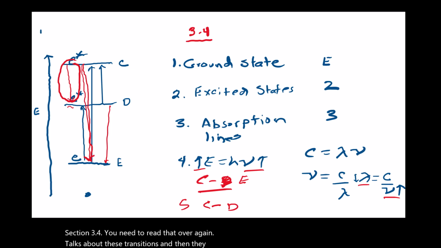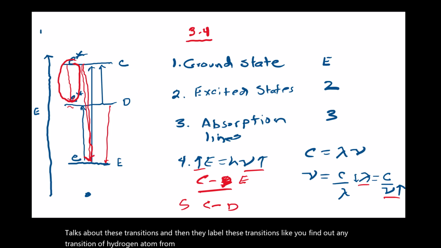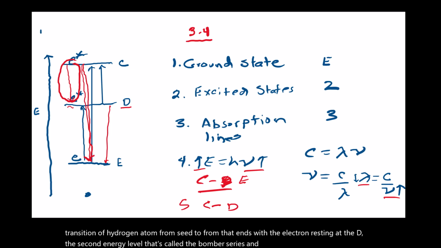Any transition in a hydrogen atom that ends with the electron resting at the second energy level is called the Balmer series, and that's listed in a table on page 89 in the book.